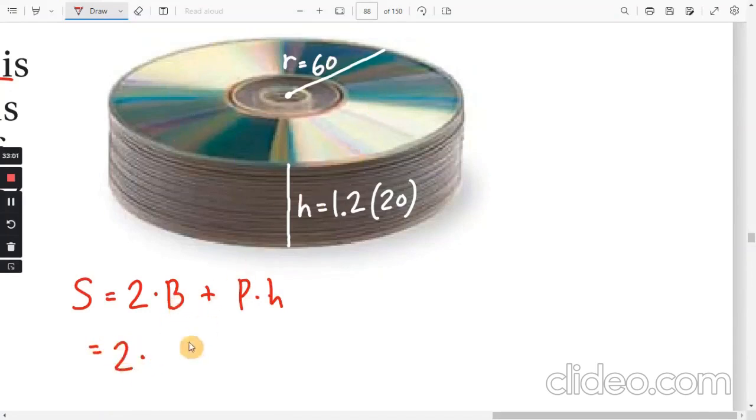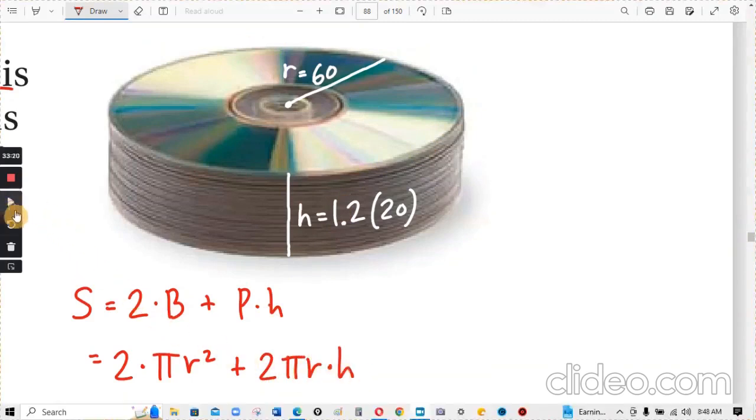So that's pi r squared because the base is a circle. And the perimeter of a circle is the distance around, that's circumference. That's 2 pi r, and that's times the height h. So please see if you can finish this by plugging in the height and the radius in this formula.